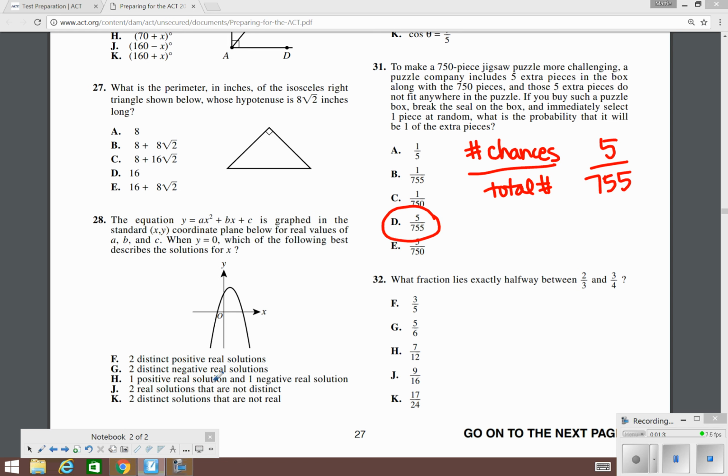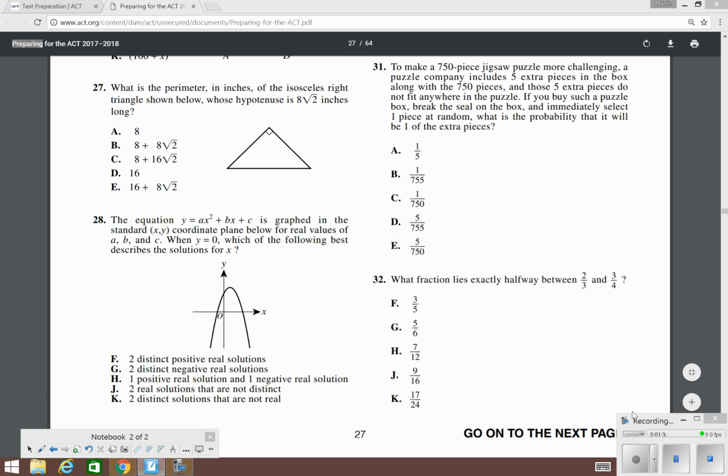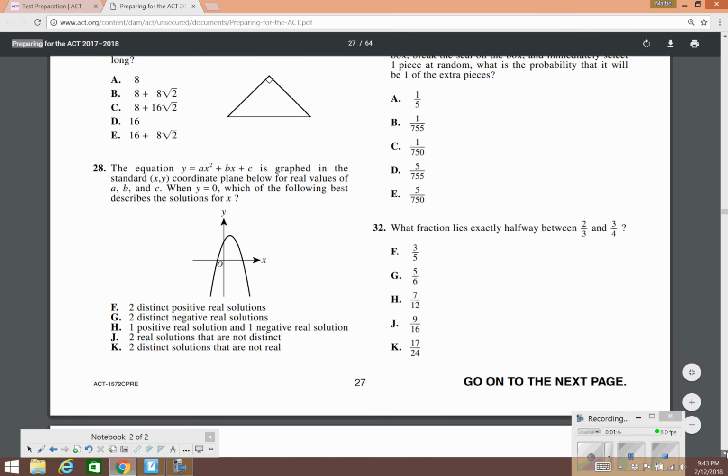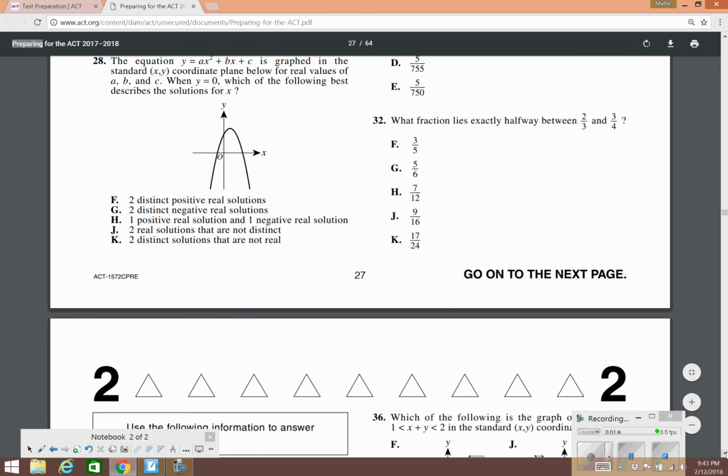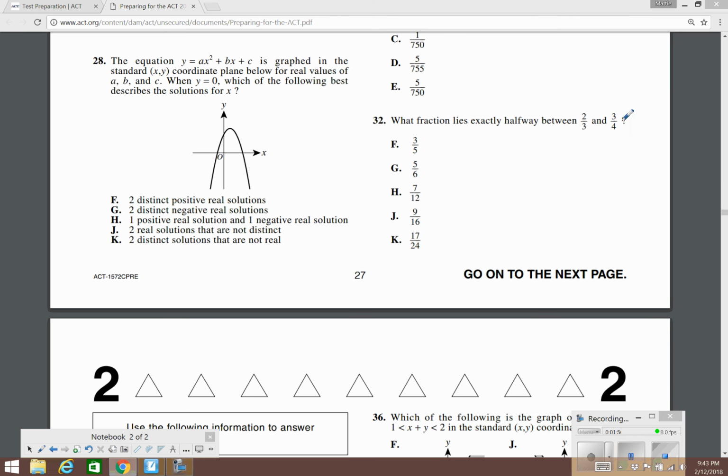Number 32 asks, what fraction lies exactly halfway between 2/3 and 3/4? So exactly halfway between is another way of saying the average or the mean, and we've heard that word quite a bit in this review. If I want to average them together, I'm going to add the fractions together and then divide by 2.